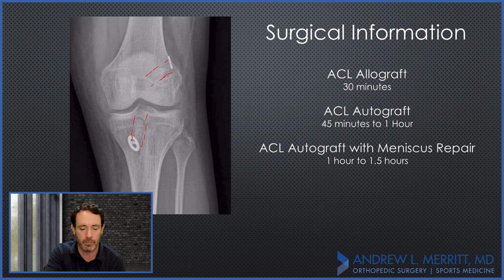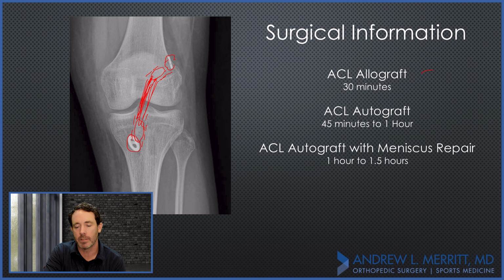You can actually see the piece of bone that we harvested, and the graft is what's going between those across the knee joint. This is a little piece of metal that fixes it onto the femur side. This is a little washer that we sometimes use to fix it onto the tibial side. Yours might look different. It depends on what we used for that reconstruction. Different grafts have different ways of fixing them, but the concept is the same.